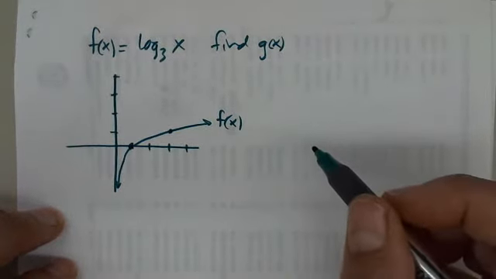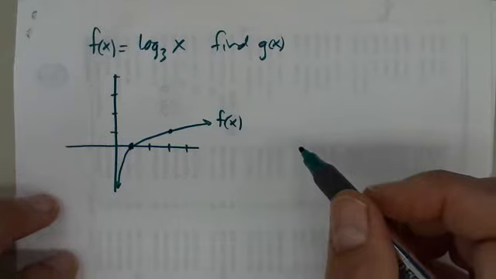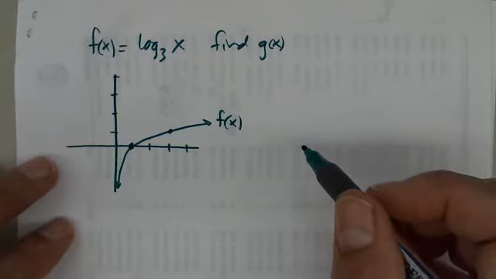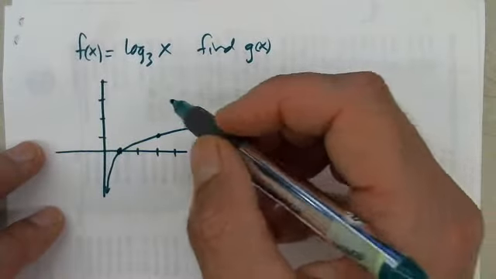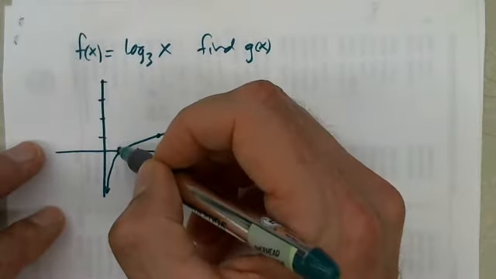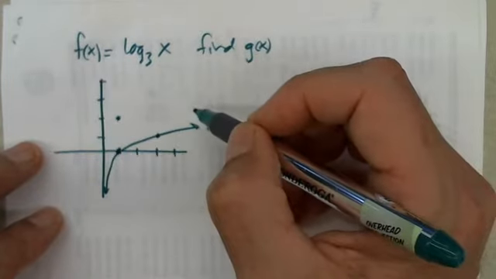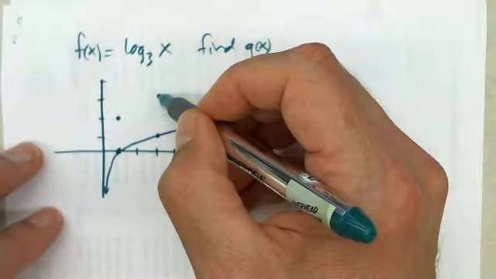All right, there's the parent function, and then we're given a graph of g, and we have to figure out the equation for g. So g has this point and this point.